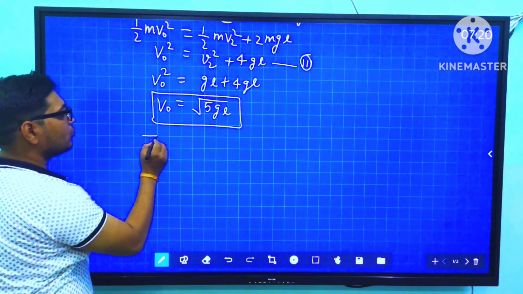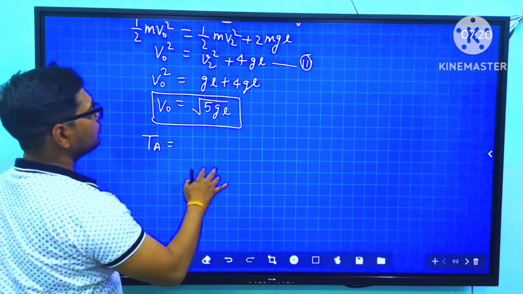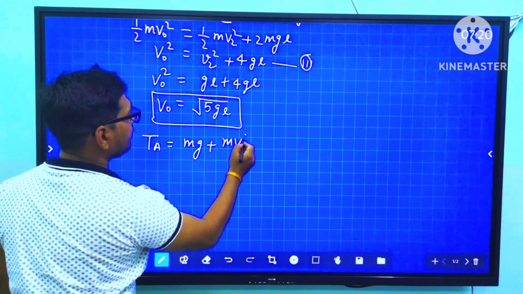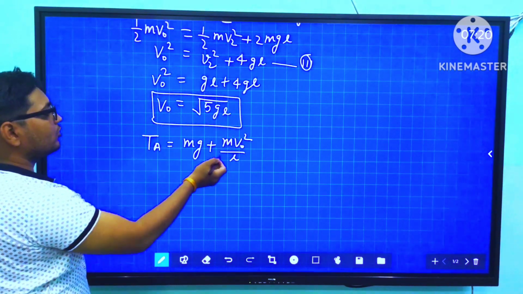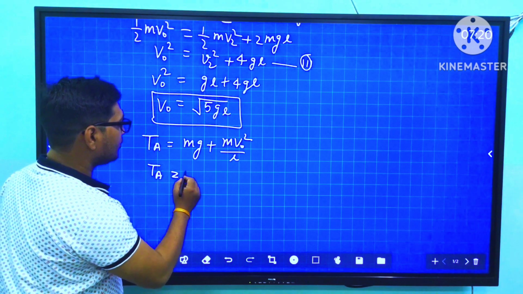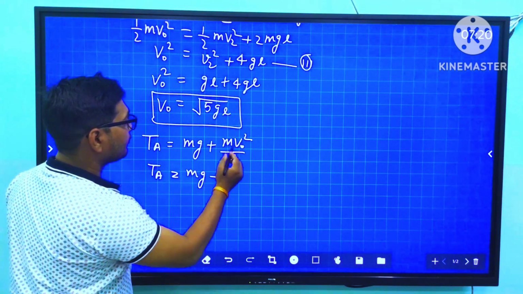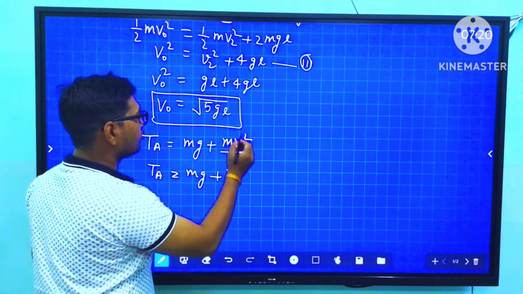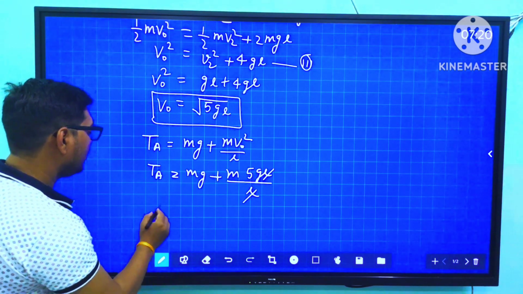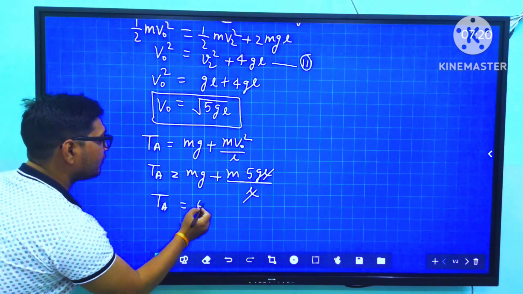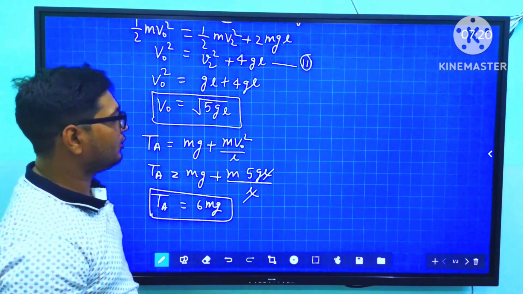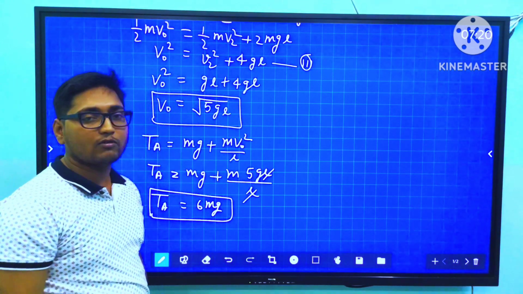Placing the value of v naught in this equation, the tension at the lowermost point in the string will be mg plus m v naught square, that is 5gL, divided by L. L and L cancel out. The tension at the lowermost point will be 6mg. So we can say the tension at the lowermost point in the string will be 6 times the weight of the ball.